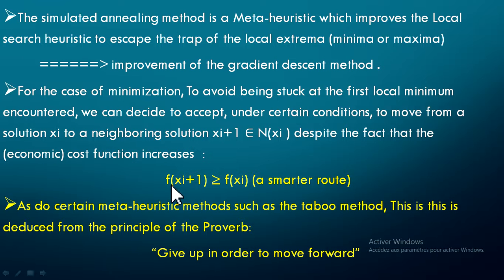So we have f(xe plus 1) is more than f(xe), a smarter route. As in certain meta-heuristic methods, such as the taboo method, this is deduced from the proverb: give up in order to move forward.